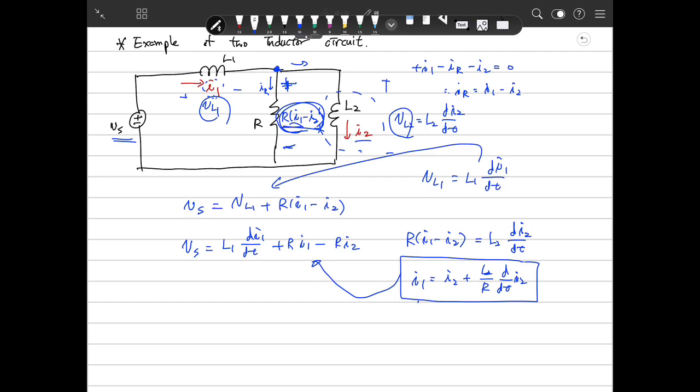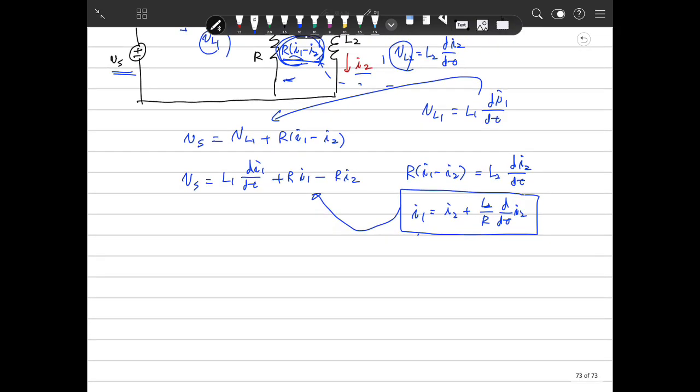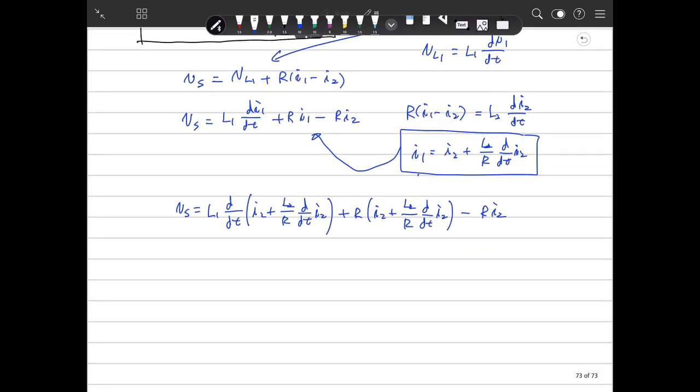And we substitute the value over here. So we rewrite here: Vs will be L1 dI1/dt, with I1 being I2 plus L2 over R dI2/dt, plus R times (I2 plus L2 over R dI2/dt minus I2).